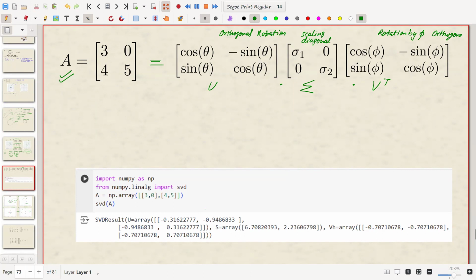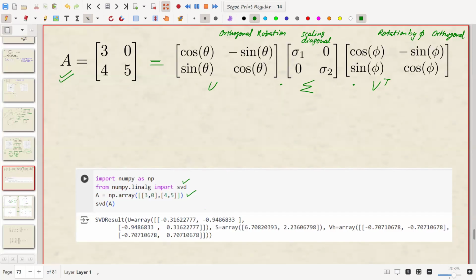I am just telling you the steps right now, but we will dive into more detail after you understand this concept. You can do this in Python as follows: import numpy, and then from the linalg package you can import svd. Then define your matrix A, which is 3, 0, 4, 5 in this case, and just do SVD of A.